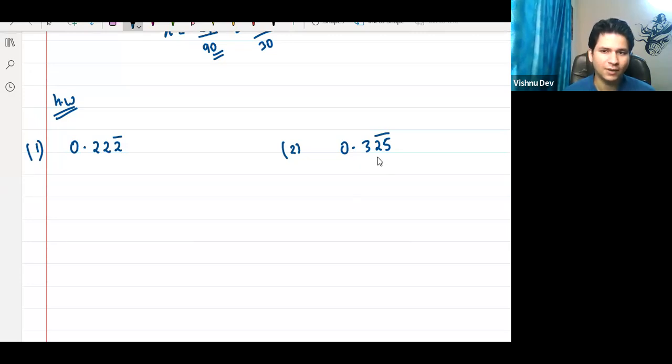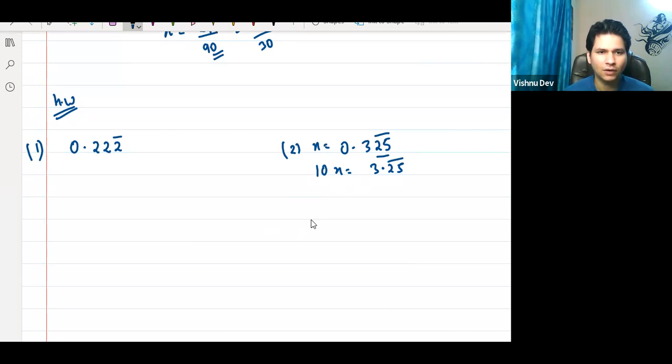Tell me, because these two repeating digits come after 3 digits; they are the second and third digit. It should be multiplied by what first? If you multiply by 10, then 10x will become 3.25 bar.